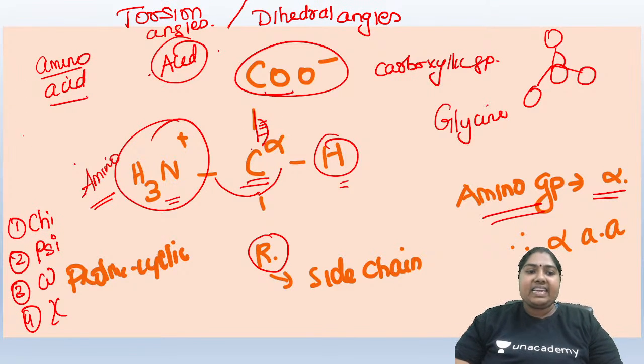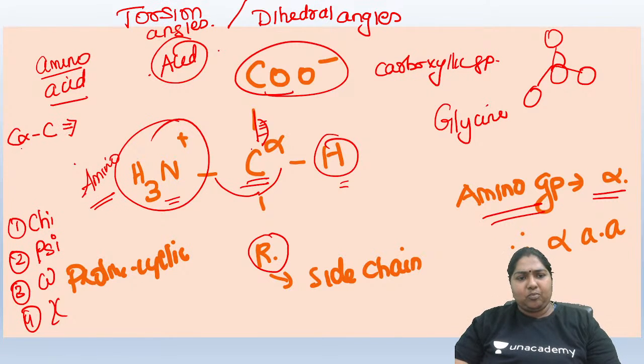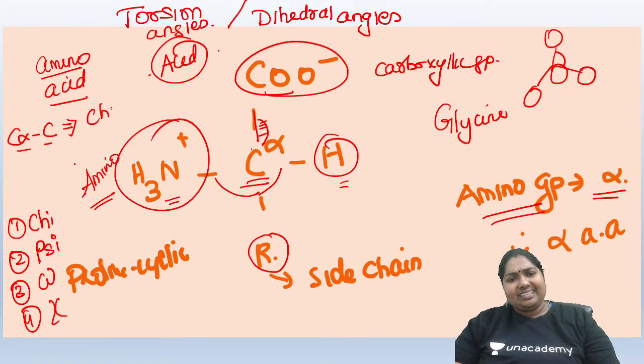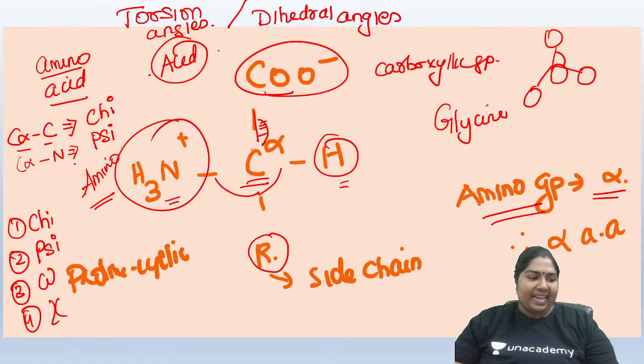So C alpha and C, yes, it is boring. Psi it is. So it is the psi angle. C alpha and N, it is very interesting now. So it is spicy, the pi angle. And then omega, it is the angle between C and N. Can you see that?